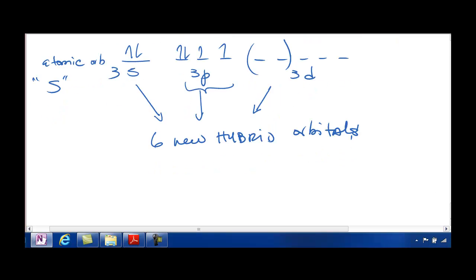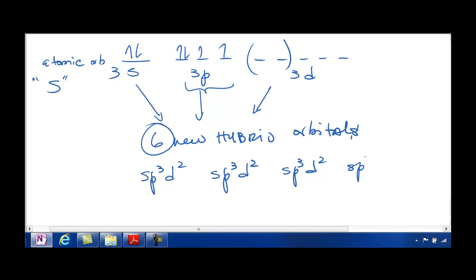And each one of these is no longer an S, it's no longer a P, it's no longer a D. They're no longer atomic. They're no longer bachelors. These are sp3d2. And another sp3d2. Do we understand? Why do we have 6? Okay, so 1 S, 3 P's, and 2 D's give me 6.